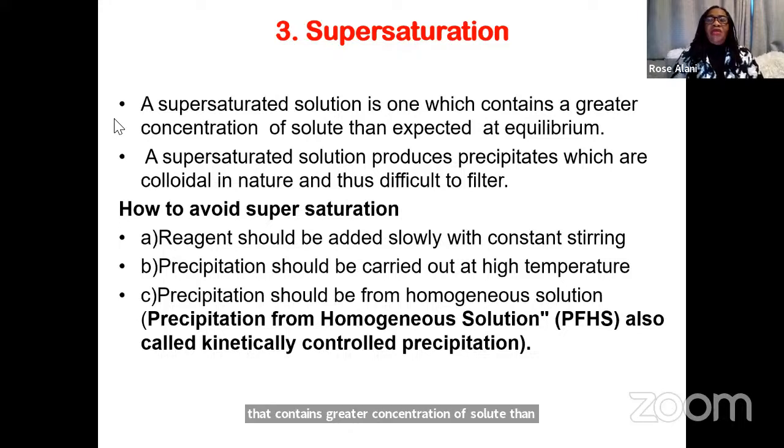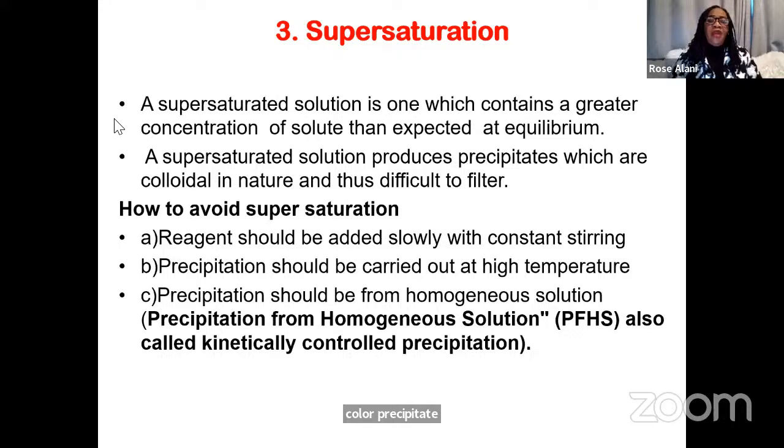I believe you can remember your CHM 121, where we took time to teach you about supersaturated solutions. A supersaturated solution produces precipitates which are colloidal in nature. And remember, in the last lecture, I told you that colloidal precipitates are very difficult to filter.